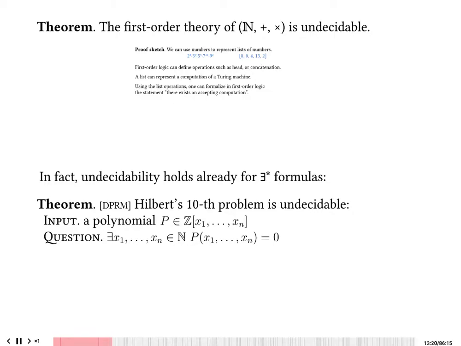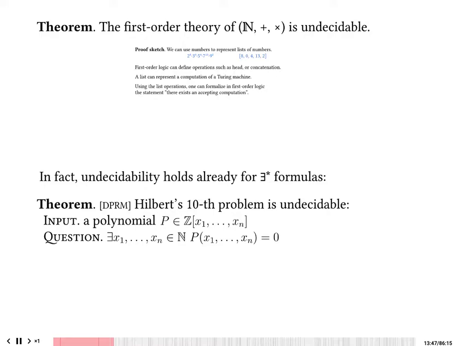You could also have an equivalent statement, where you ask about an integer root, so the xi's would not necessarily be positive integers. This is equidecidable because every integer can be represented as a difference of two natural numbers, and conversely, every natural number can be expressed as a sum of the squares of 4 integers.